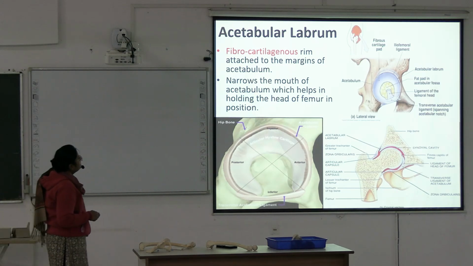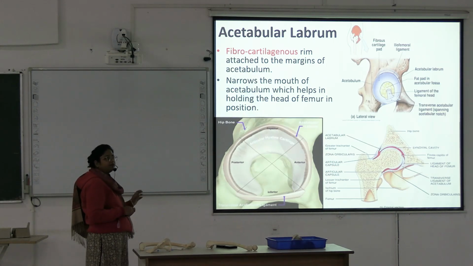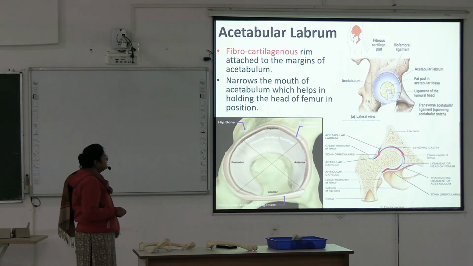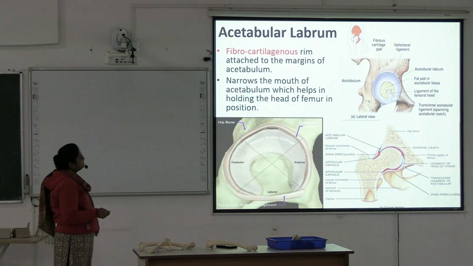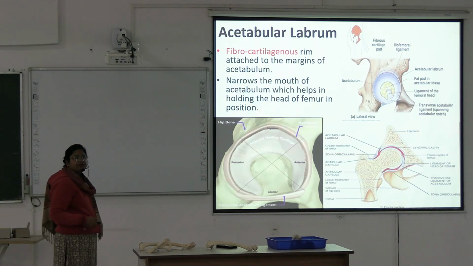It narrows the mouth of the acetabulum, which helps in holding the head of the femur in position. That is the main function. And within the acetabular fossa lies this fat pad, the yellow colored one. This is the attachment of the acetabular labrum here and here. Understood?